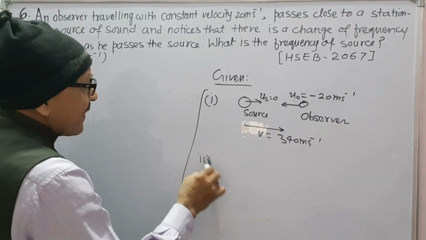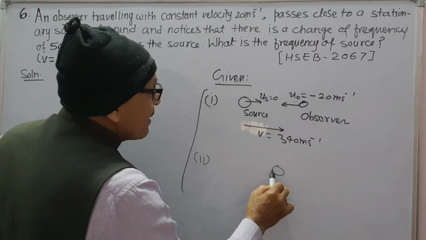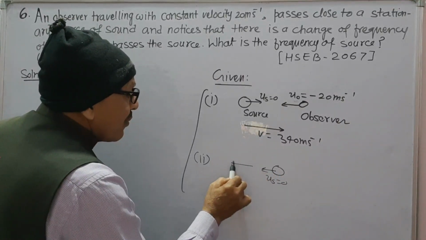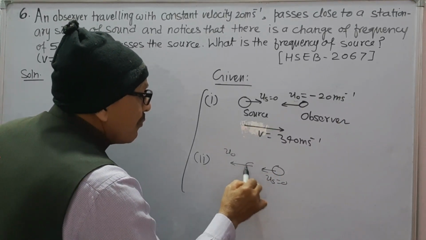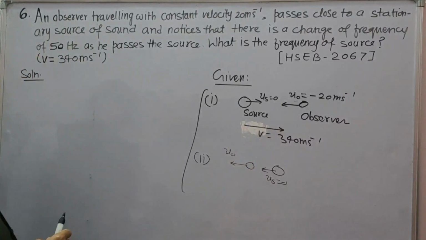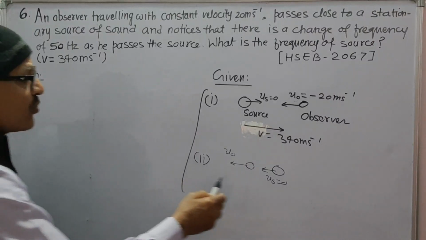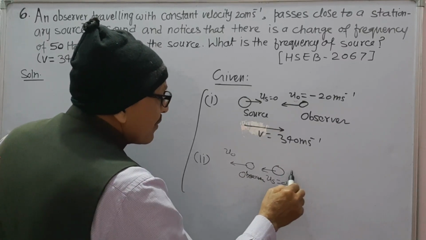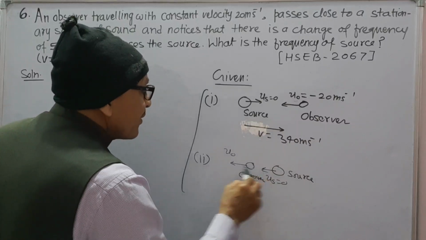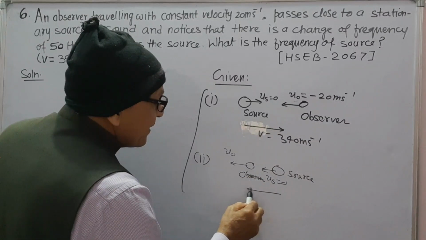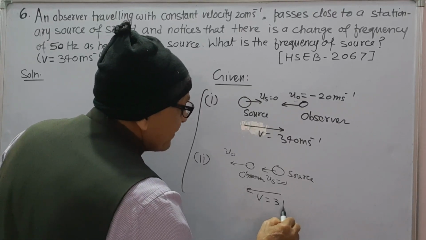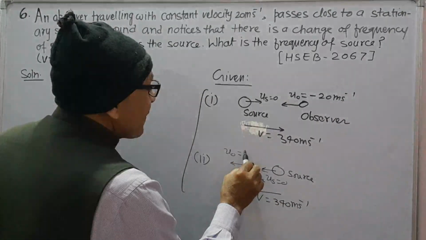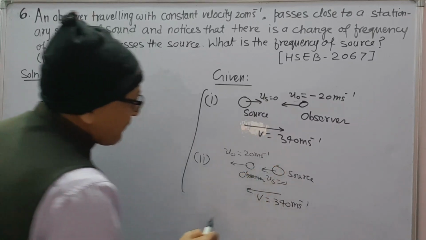And in case 2, when the observer passes the source here, then in this case velocity V will be equal to 340 meter per second in the direction of UO, therefore UO will be equal to plus 20 meter per second.